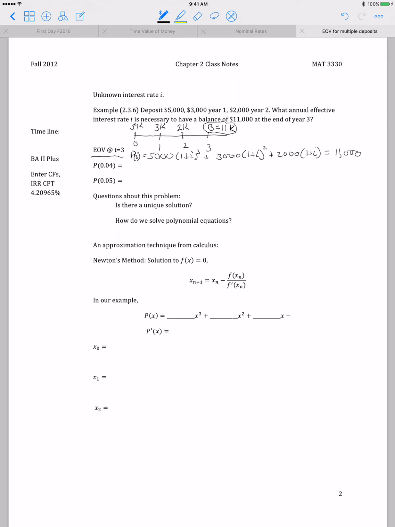You will get on the left side $10,949.12, which is not $11,000, but it's pretty close. If you evaluate it at 5% interest, 0.05, you'll get $11,195.62. Therefore, the solution to this equation for i must be somewhere between 4% and 5%.